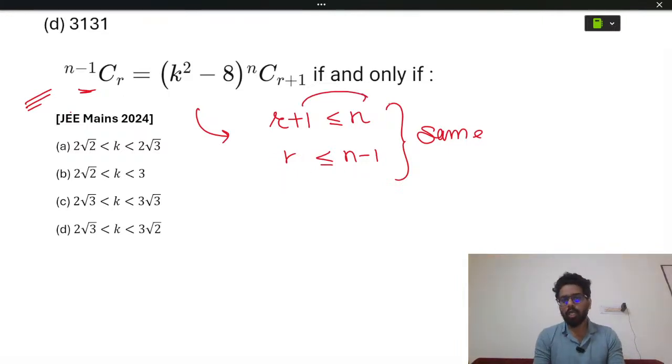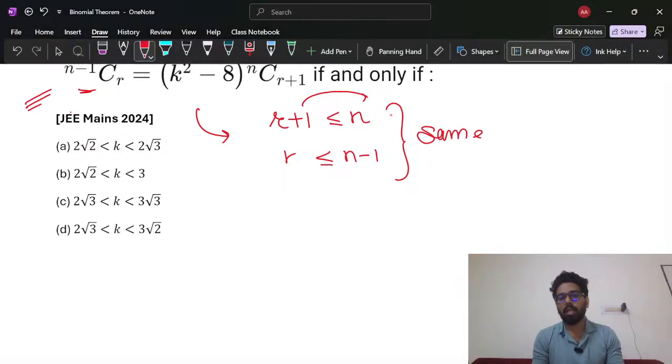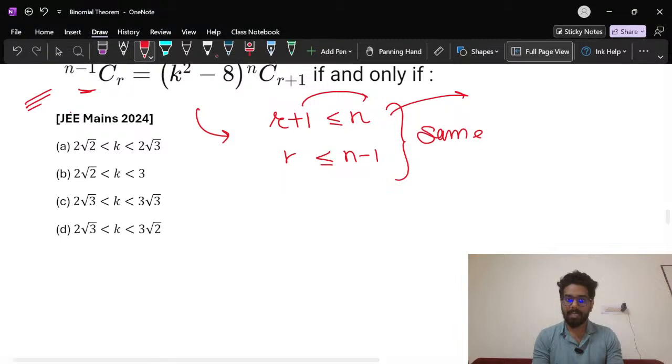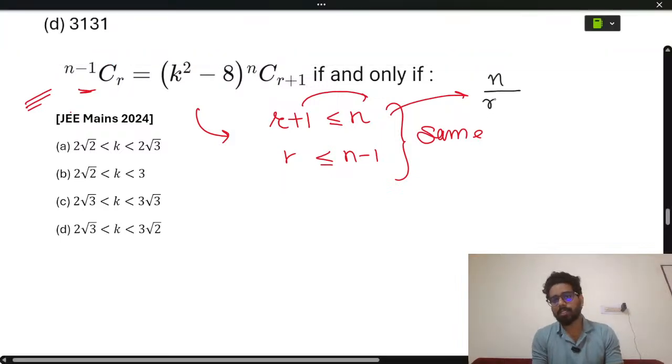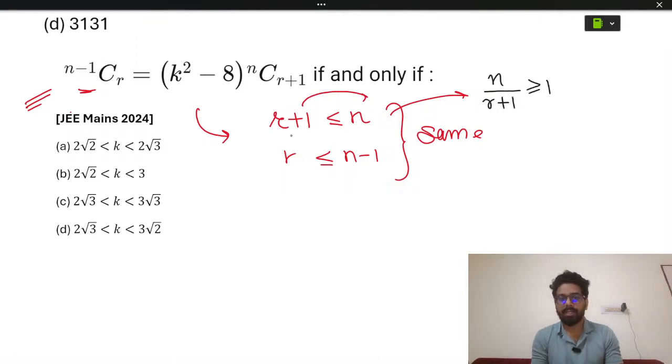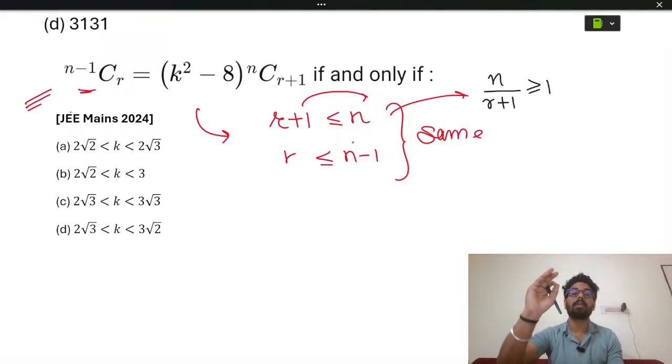Or we can also say from here that if I divide by n on both sides, you can make it n by r plus 1, should be more than or equal to 1. How? Divide by r plus 1. Now here, a very important thing: we can only divide and multiply in an inequality if the terms are positive. We cannot divide or multiply by negative terms.